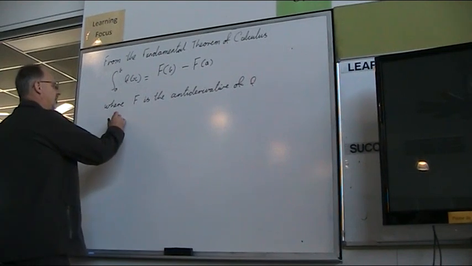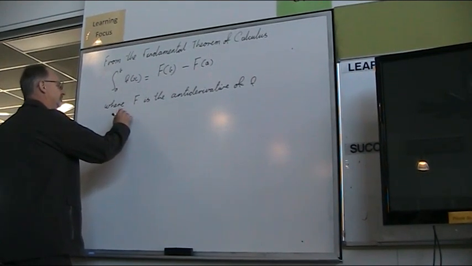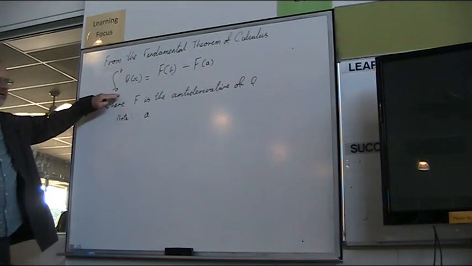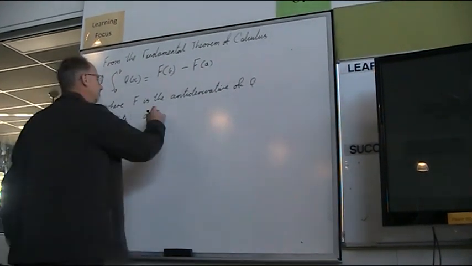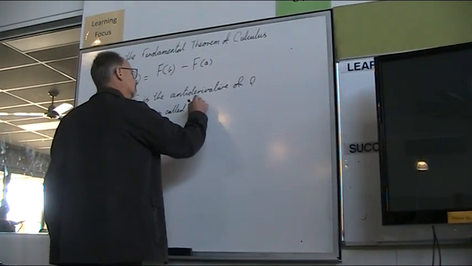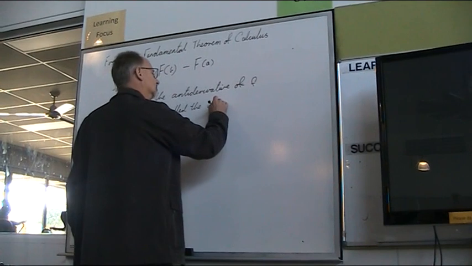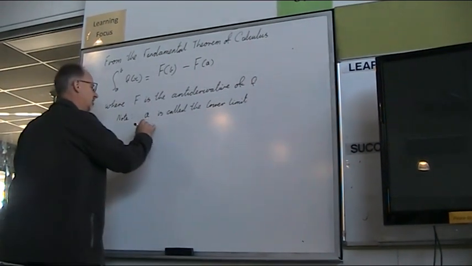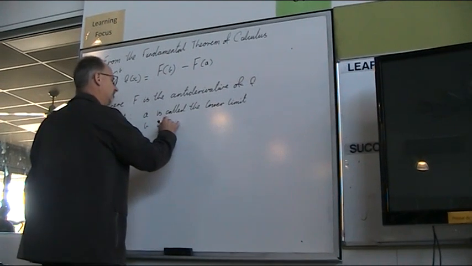All right, so a few things to note. A, the one down the bottom here, is called the lower limit. B, the one at the top, is called the upper limit.